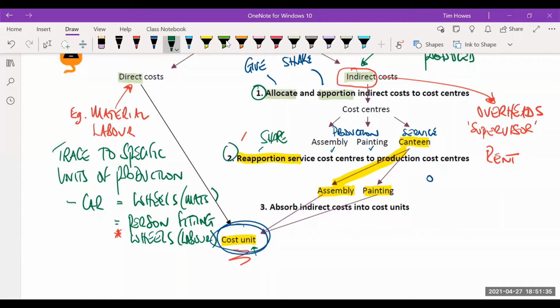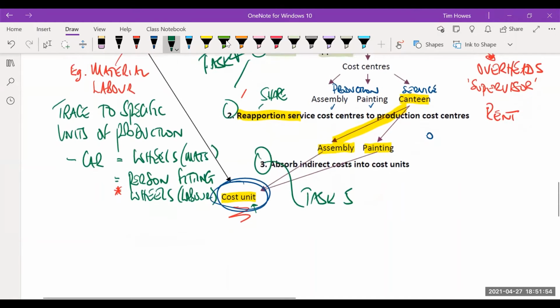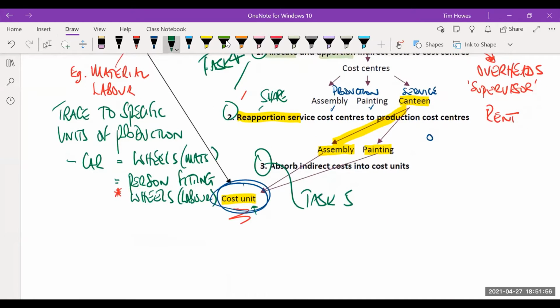Now, steps 1 and 2 together are task 4 in the assessment, and then task 5 in your assessment will get you to play with the absorption of these indirect costs. Now, again, I've always liked a picture of absorbing.